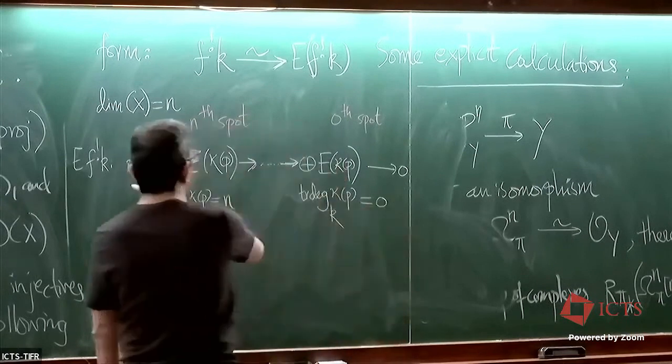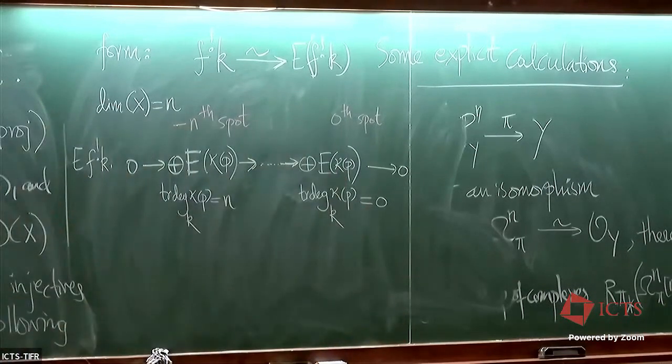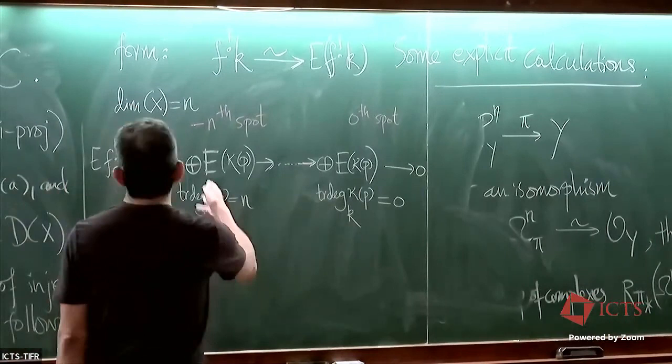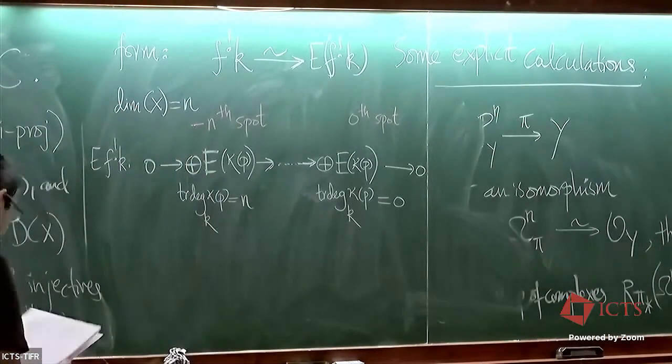So it's a bounded complex of length n. This is what it looks like. These are various injective hulls of various points, and those points are indexed by the codimension, I mean the transcendence degree of the residue field over the field K you started with.